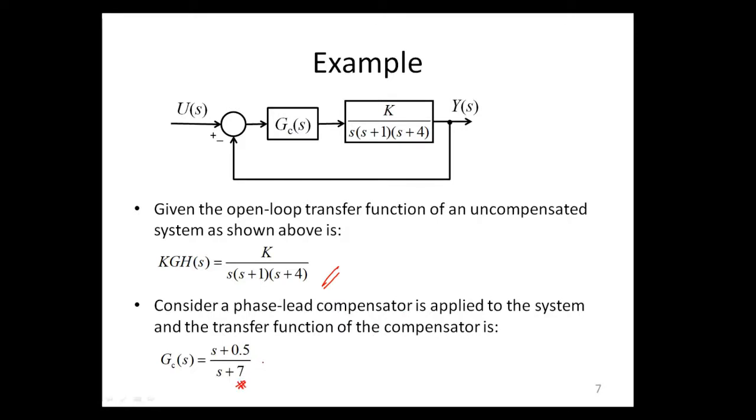Exact computations on how we determine these 0.5 and 7 will be shown in the following lectures, but in this example we will just see how this phase lead compensator affects the transient response of the system. And this is a phase lead compensator simply because alpha is less than beta.